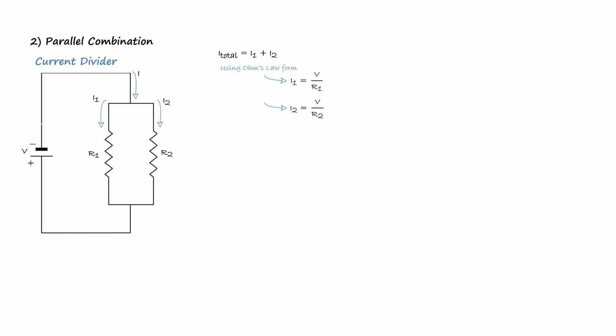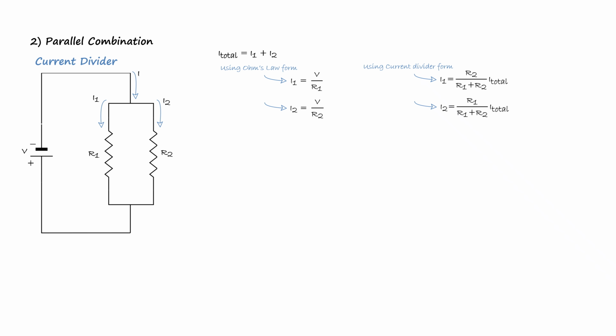And also we can write I1 and I2 using the current divider formula, which is I1 is equal to R2 divided by R1 plus R2 multiplied by I total, and I2 is equal to R1 divided by R1 plus R2 multiplied by I total.